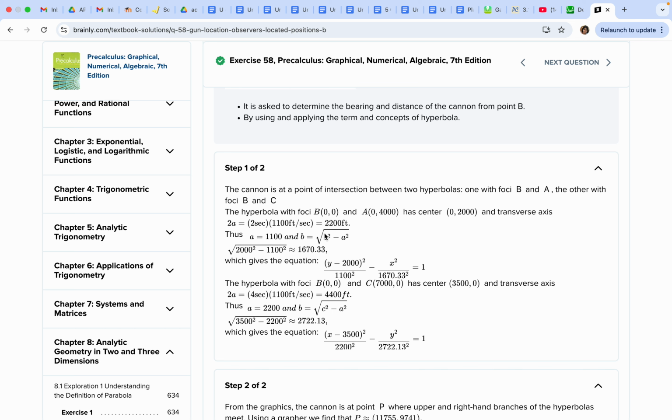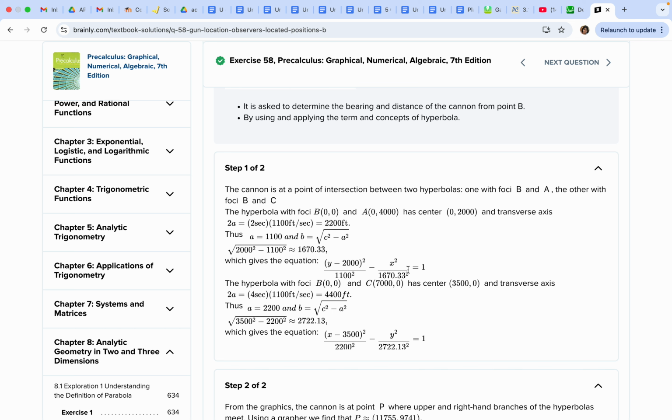But that transverse distance is the distance up and down. We only need one part of that, so we just need the value 1100. We can work backwards to then find the value of b. The 2000 is moving it up, divided by a squared. We found the value of c because one focus is at (0, 4000), so we knew c was halfway in between there. That's how we knew it was 2,000.